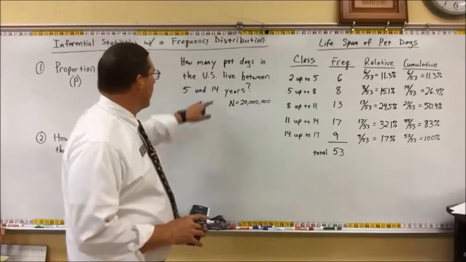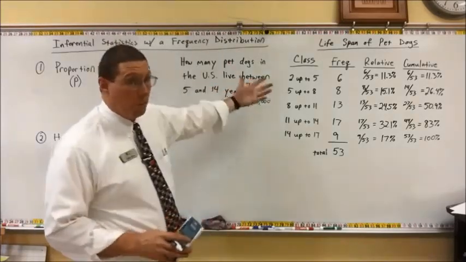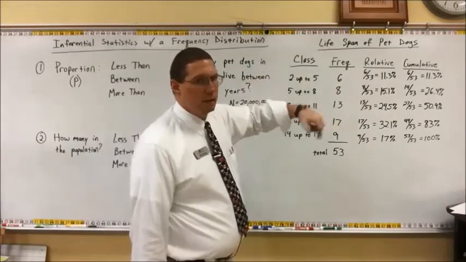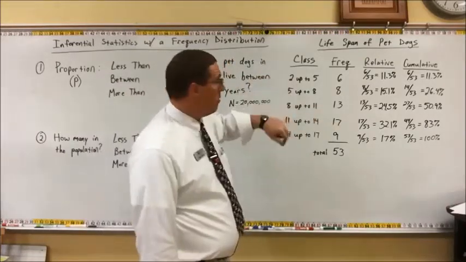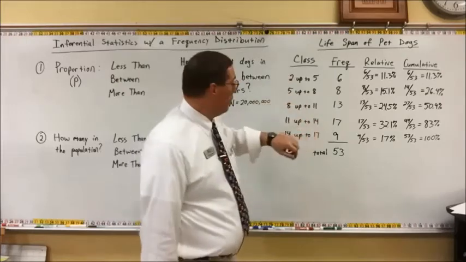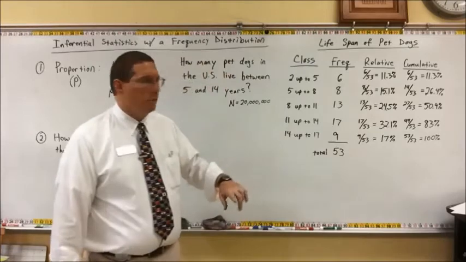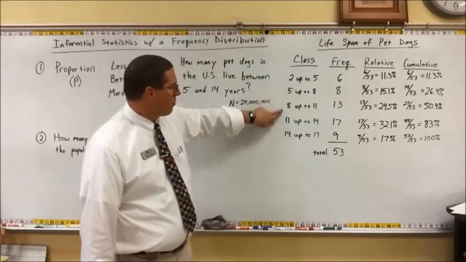Okay? Well, the first thing we need is the proportion between 5 and 14 years. Well, 2 up to 5 is not included, but 5 up to 8 is, 8 up to 11 is included, and 11 up to 14 is included, but 14 up to 17 is not included. So we're just looking at these 3 classes right here.